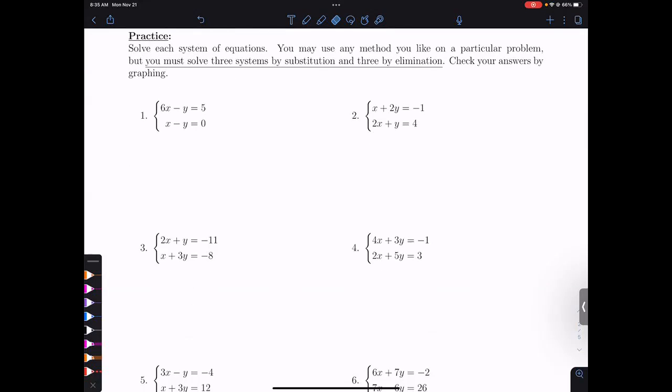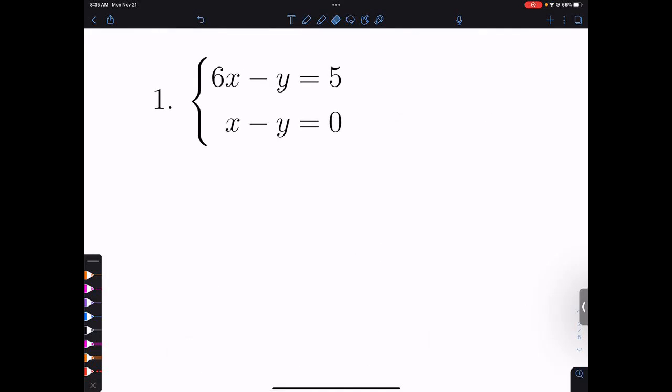All right, so take 5 minutes. Give number 1 a shot. Think through how you want to approach it, and then do it.